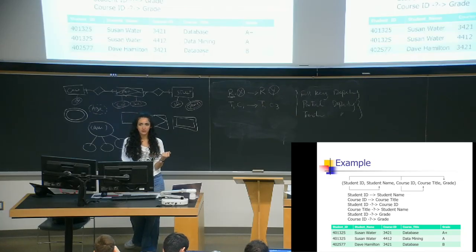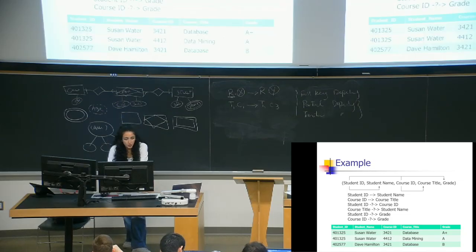No, right? So there is no dependency between these two. Now, between, for example, course title and a student name, having a course title, can you identify the student name? A student ID and grade.